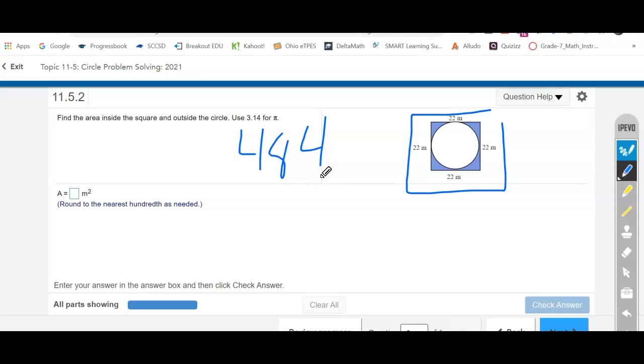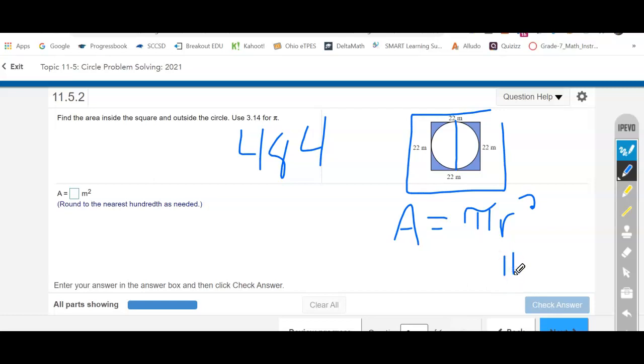Now I want to find the area of the circle. So I'm going to go A equals pi r squared. The radius of the circle. Well, if the dimension straight across, the diameter is 22, then the radius is 11.